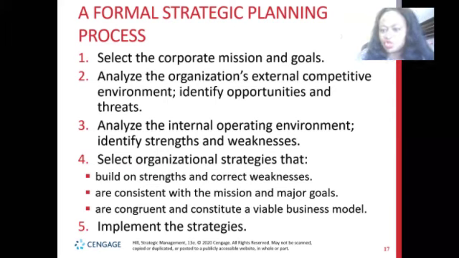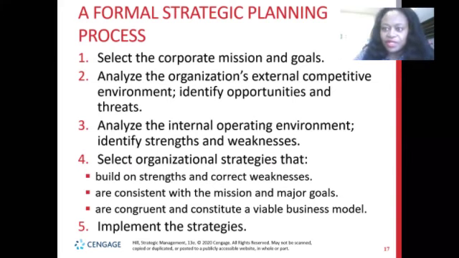The first thing you should do, after you write this business model, is select or develop your corporate mission and goals. Then you're going to analyze the external competitive environment, which involves identifying opportunities and threats.